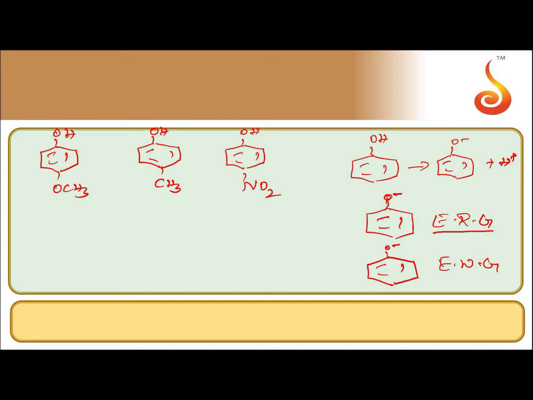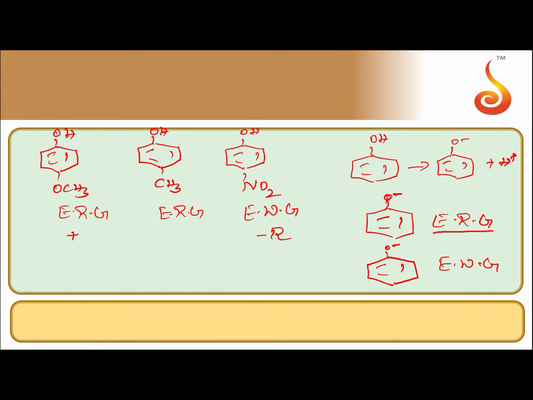Now let us see. NO2 is a strong electron withdrawing group. OCH3 is an electron releasing group. CH3 is also an electron releasing group. NO2 withdraws electrons because of the resonance effect, the minus R effect.